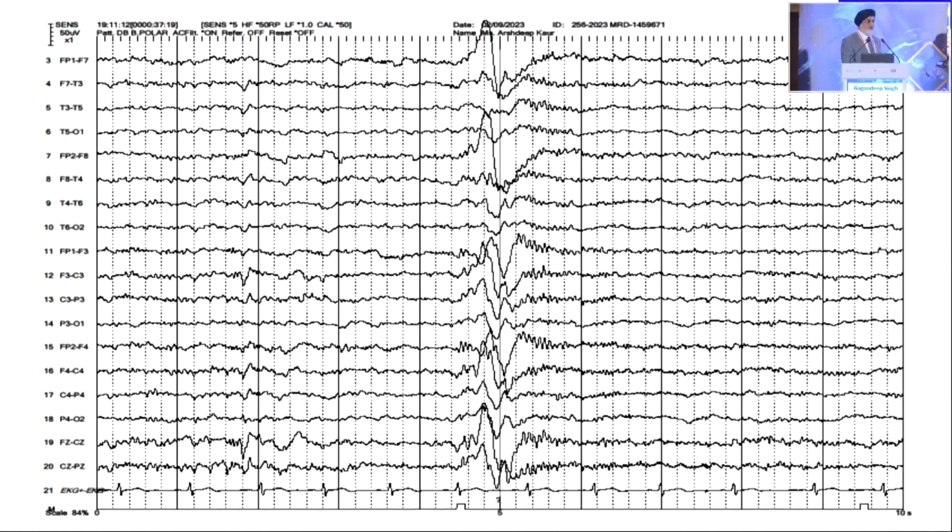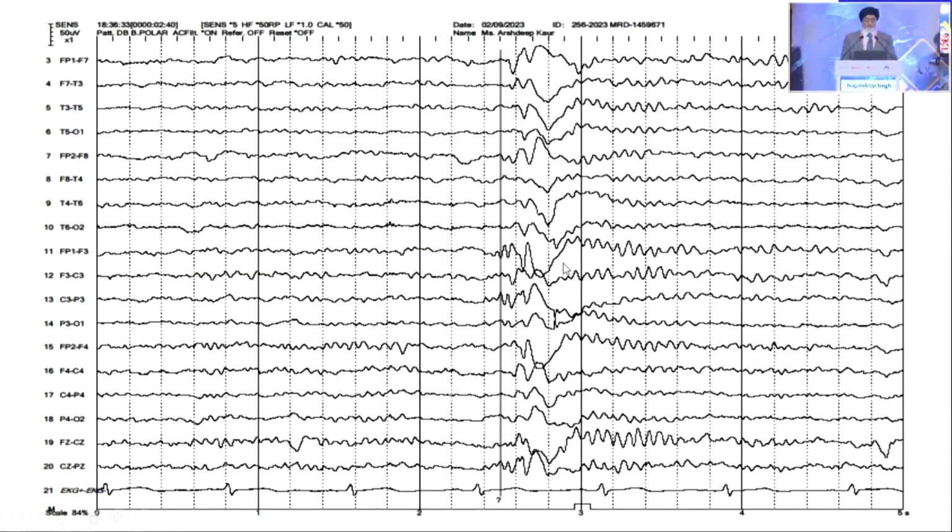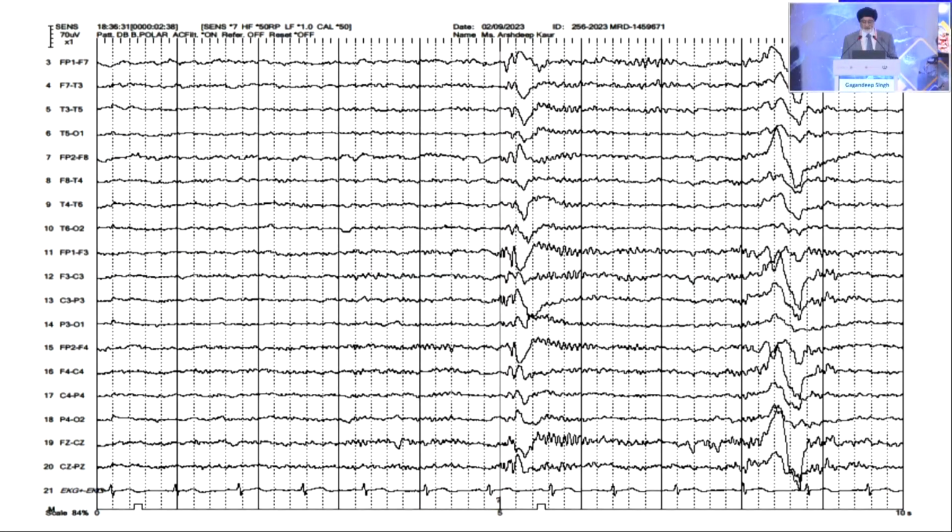So what do you think this is? There is a sharp wave, there is a slow wave, and there is something like a spindle. So whenever you have a combination of a sharp wave, a slow wave, and a spindle, you think in terms of a K complex in sleep.